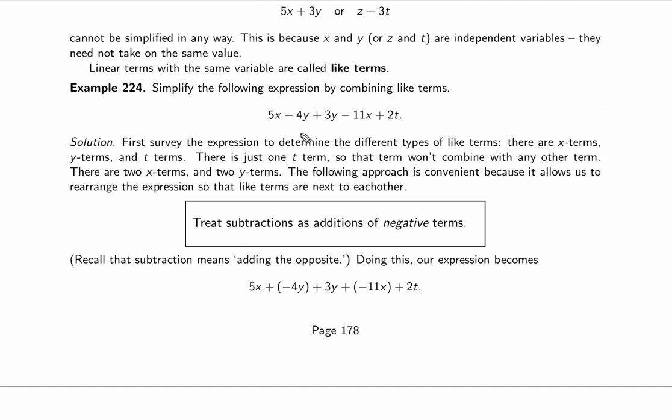And as we saw, if you have something like -4y, it's good to think of that as plus -4y.